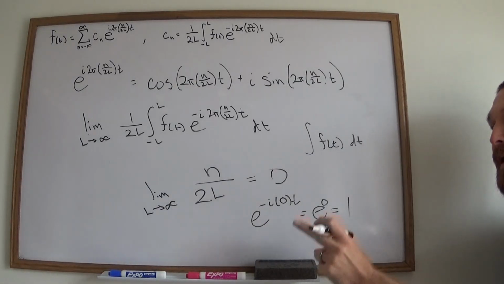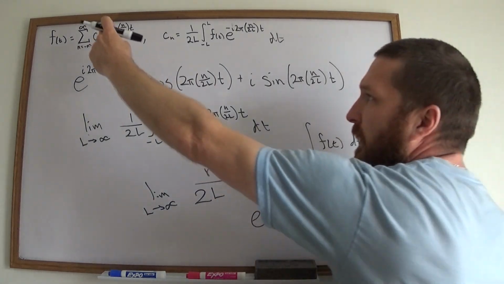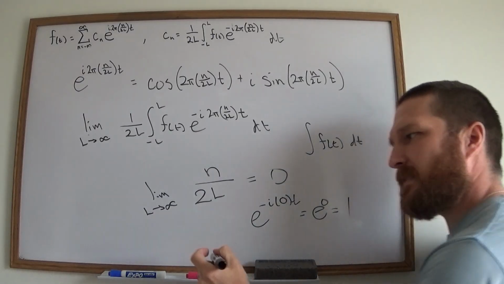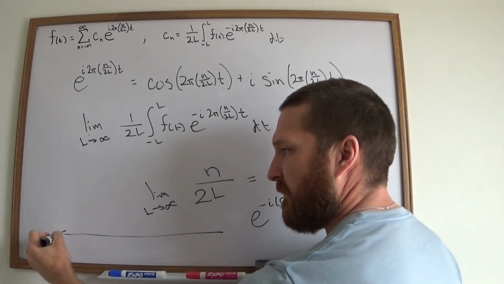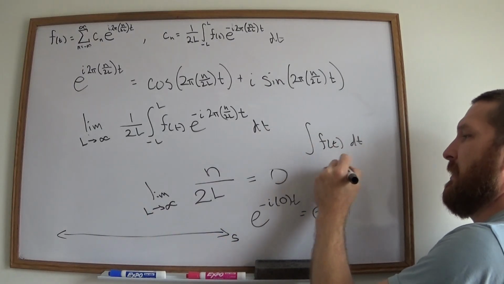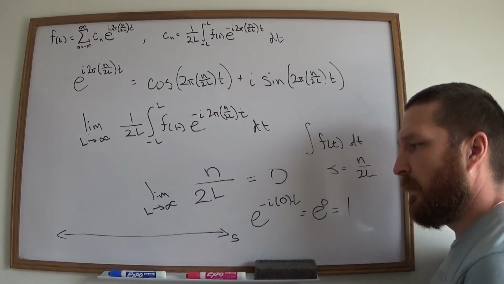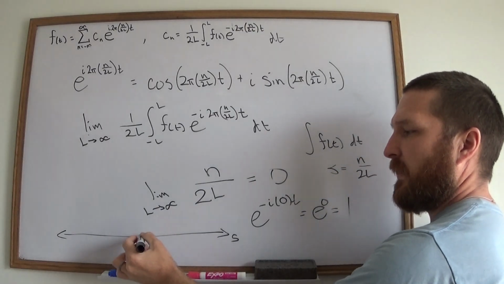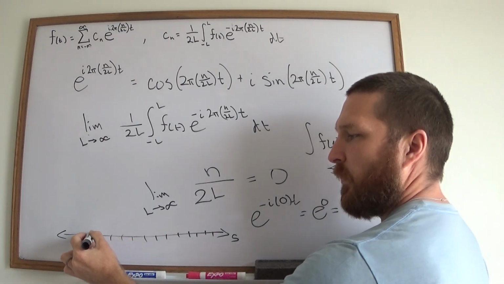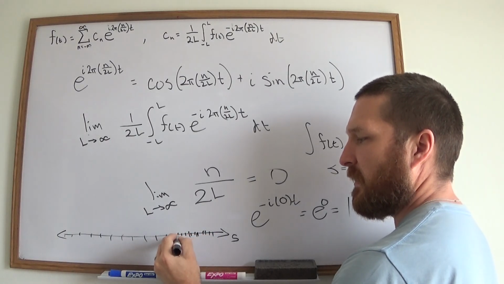But what we're not considering is that n itself is going to infinity, right? And this should be suggestive. Think about S as my n over 2L. Since the n's went up to infinity too, as I make L bigger, what we're doing is we're covering all of these numbers here.